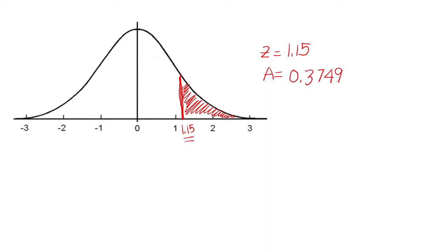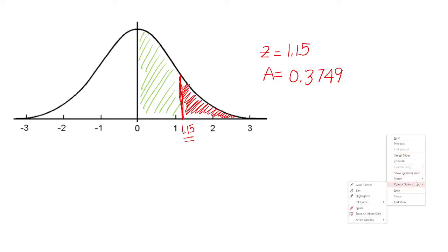So meaning, this green part is 0.3749. I'm going to change the ink first. Black. This is 0.3749. So my question is this.